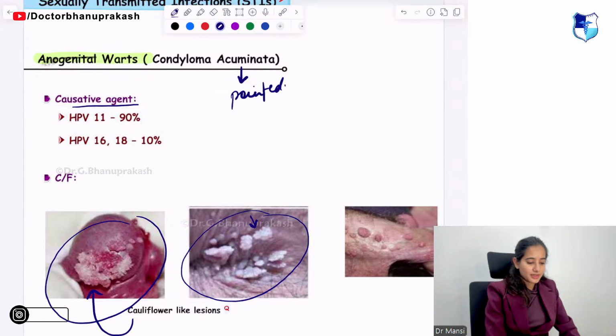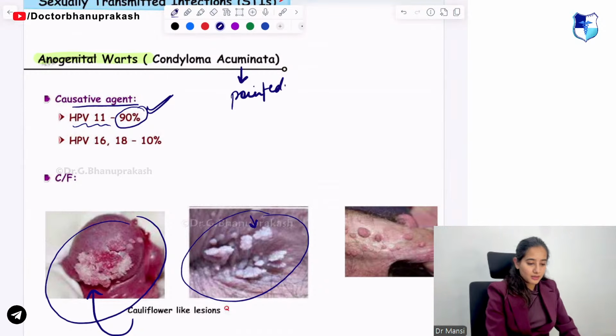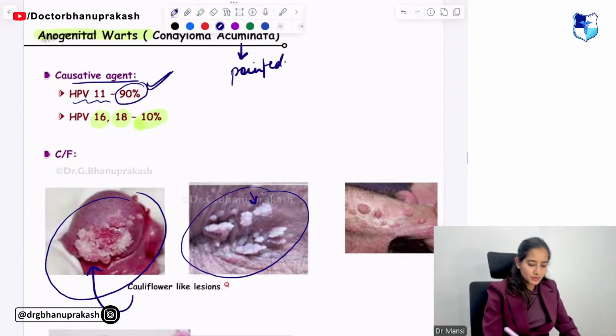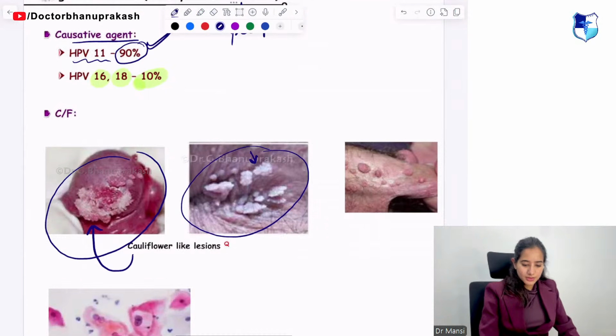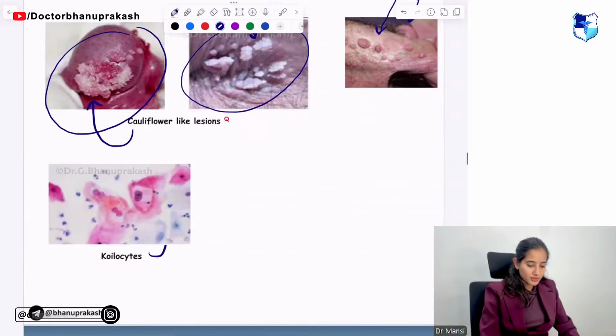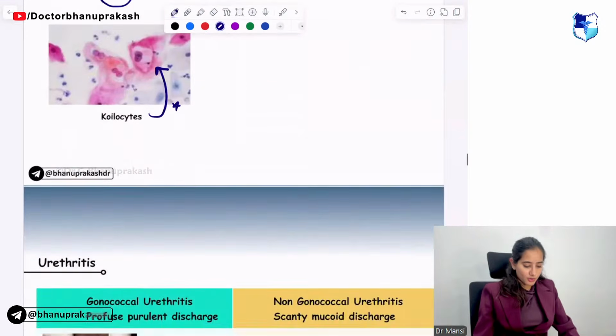The causative agents are HPV-6 and 11 in most of the cases, in 90% of the patients, and then 16 and 18 in 10% of the cases. So these kinds of lesions will be there, and koilocytes are classical for them. You also read this in microbiology.